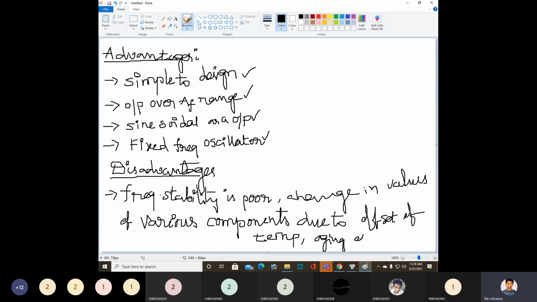This is the disadvantage: the frequency stability is poor due to the change in values of various components due to temperature, aging and so on.